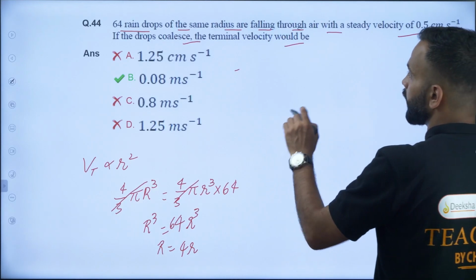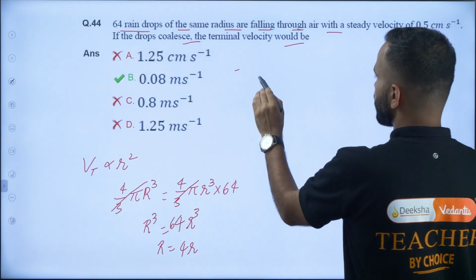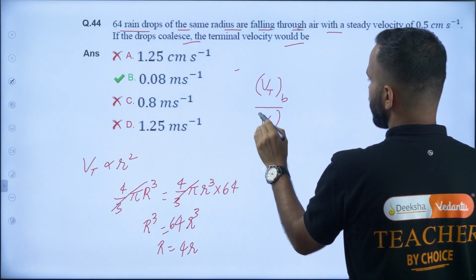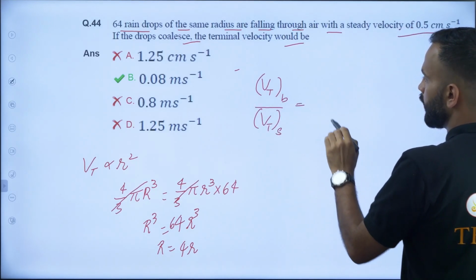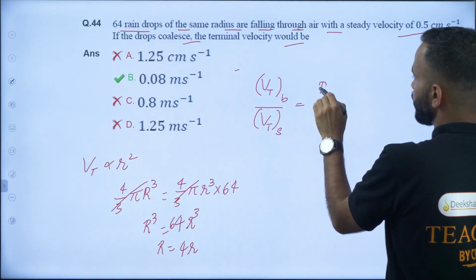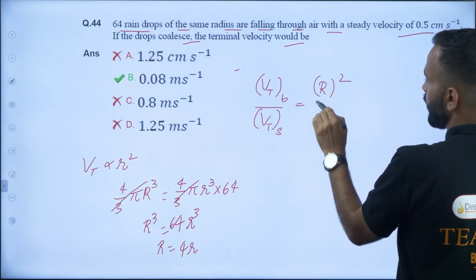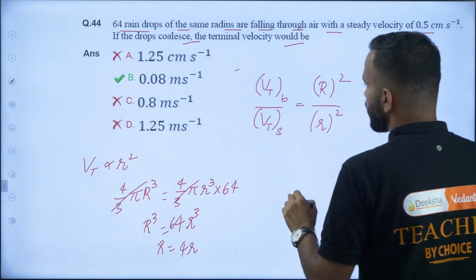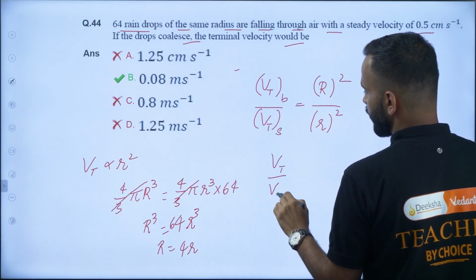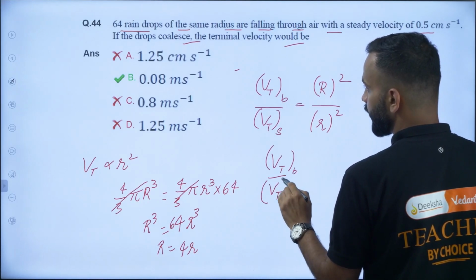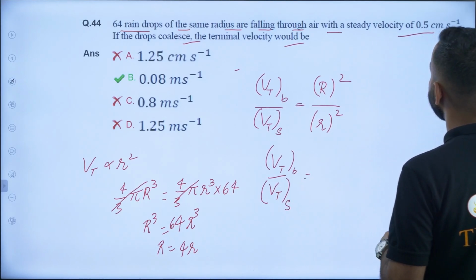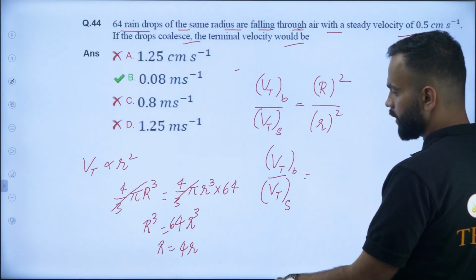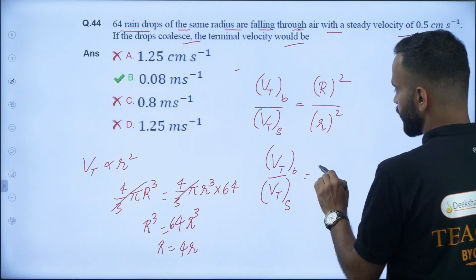Now the terminal velocity of the bigger drop divided by the terminal velocity of the smaller drop is equal to the radius of the bigger drop squared divided by the radius of the smaller drop squared. Here R is equal to 4r, so r will get cancelled, 4 square is 16, so 16.